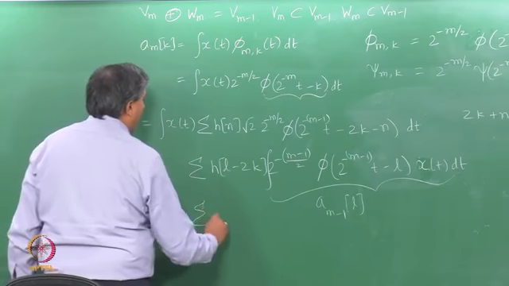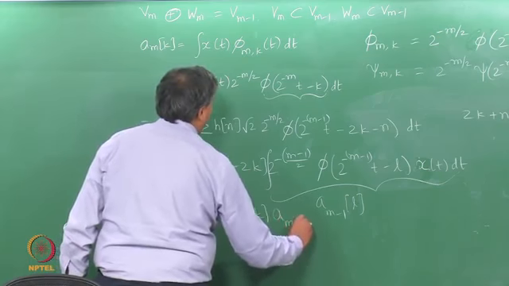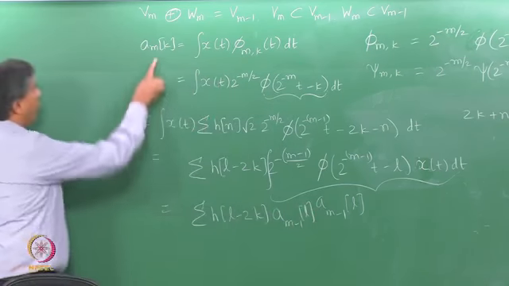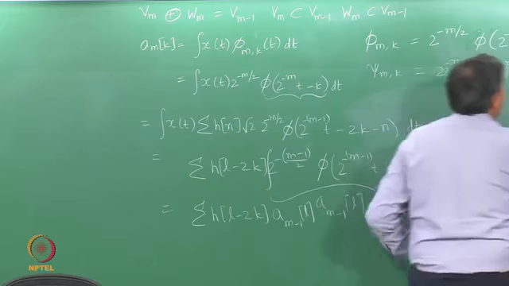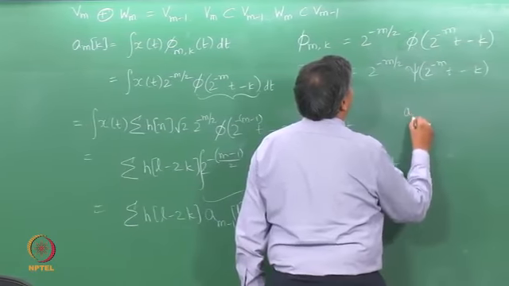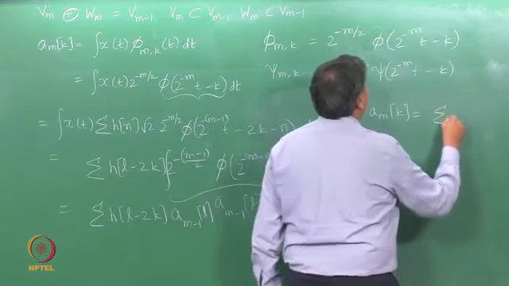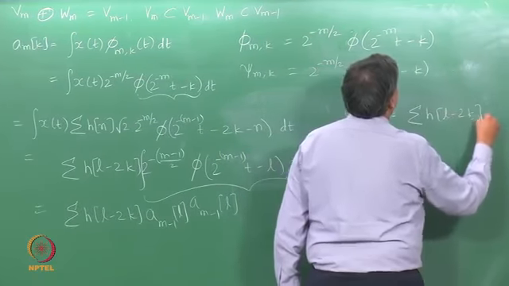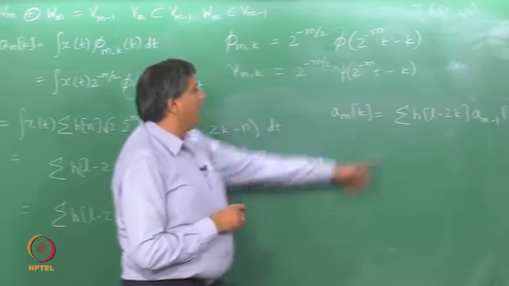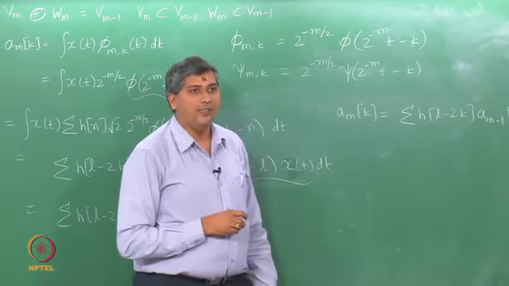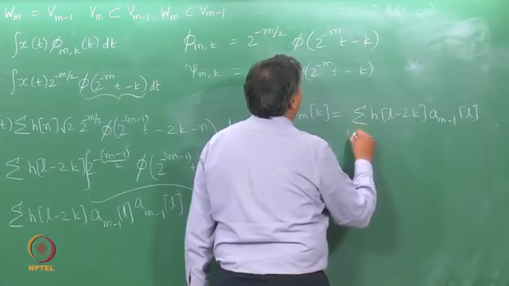So, I have now this familiar relation for A m k in terms of A m minus 1. So, the final relation that I have is A m of k as sigma h of L minus 2k times A m minus 1 of L. It is fairly obvious that this is a convolution expression, right, it is a discrete time convolution, and here L runs from minus infinity to infinity.